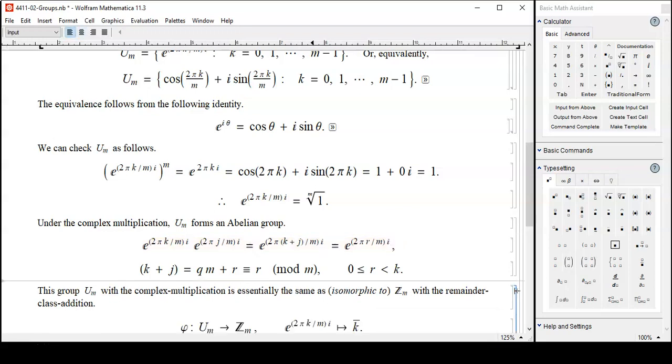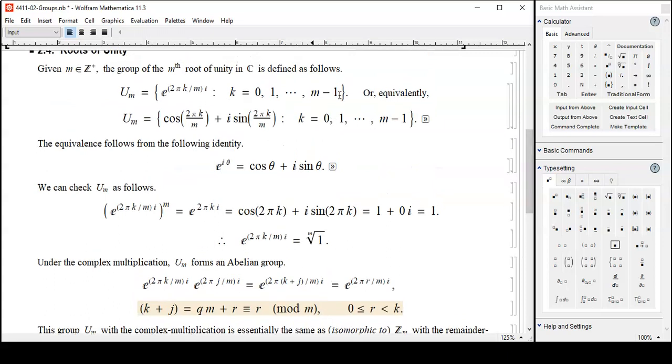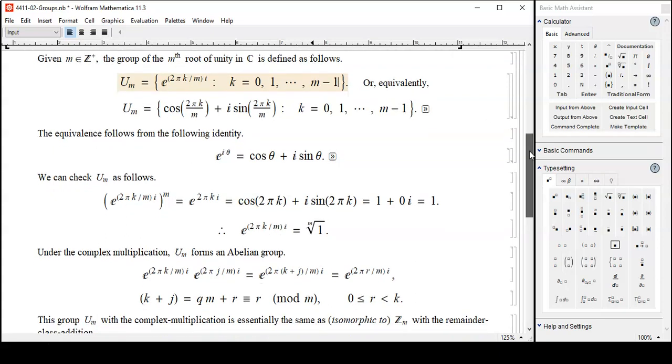So what do we end up with? We end up with a residue class, just a remainder, modulo m, and the remainder can be either 0, 1, 2, 3, all the way over to m minus 1. So what did we end up with?